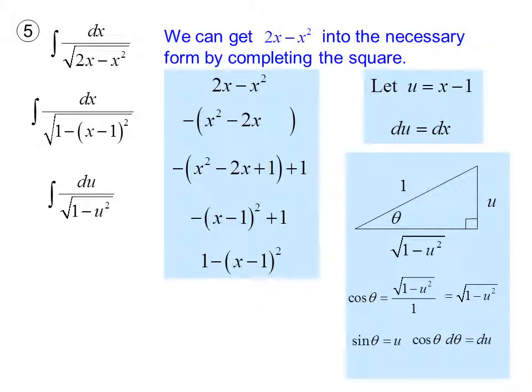Cosine theta d theta equals du. So now we have the integral of cosine theta d theta over cosine theta. Cosine theta cancels out, and we just have the integral of d theta, which is theta plus c.